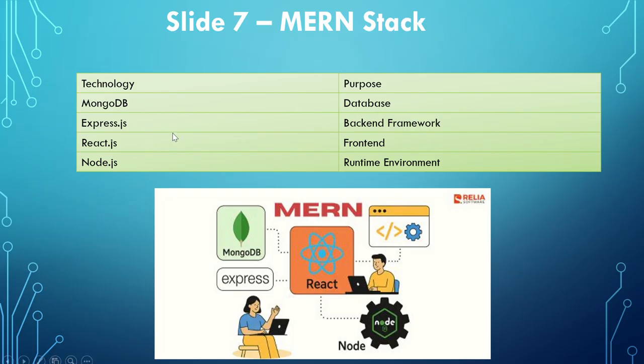Express.js handles the API development. Then React.js is used to develop the user interface, making the application fast and interactive. Then Node.js provides the runtime environment for the backend execution.